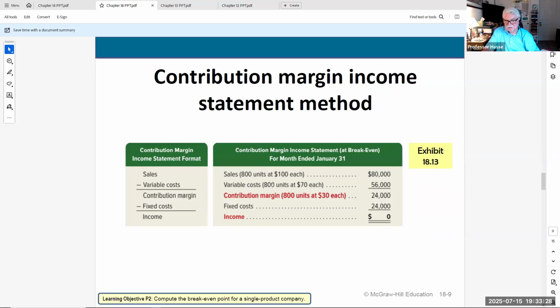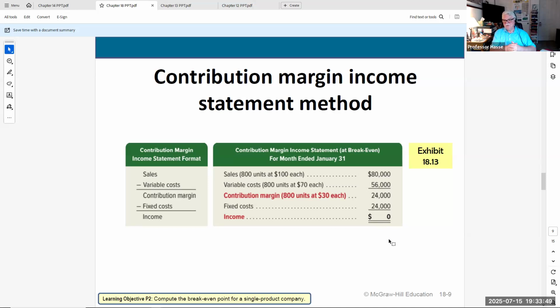Our variable cost per unit, remember in this problem, was $70 per unit. If we sold 800 units, that's $56,000. The difference between $56,000 variable costs and selling price is $24,000. And guess what? Our fixed costs are $24,000. Thus, we are making zero profit.